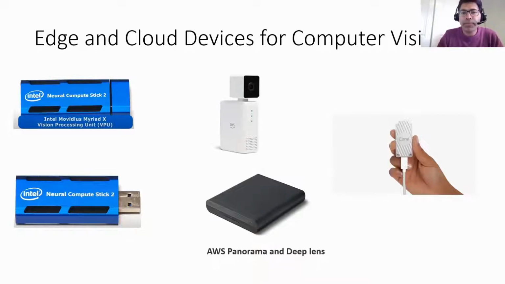Recently, different vendors have come up with different products for cloud computing, and especially edge computing, which include Intel, and also from AWS, DeepLens and Panorama. Similarly, from Google, we have Coral and the Development Board. These are just a few of the devices available as edge devices.